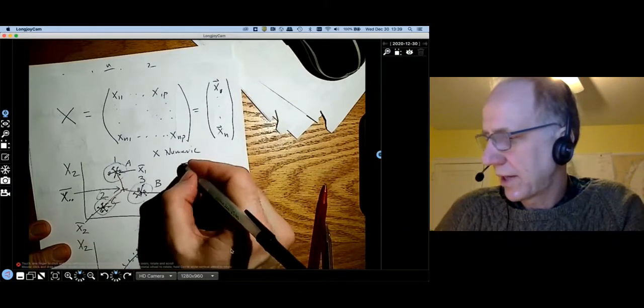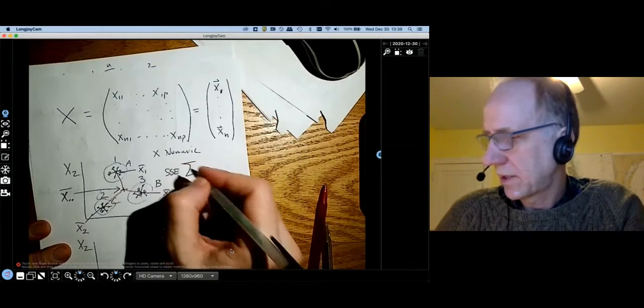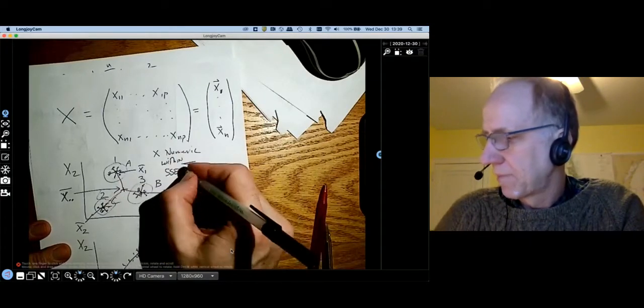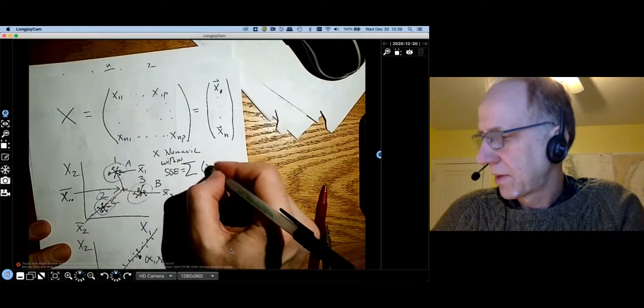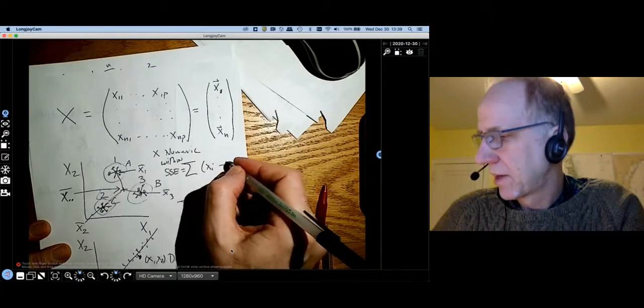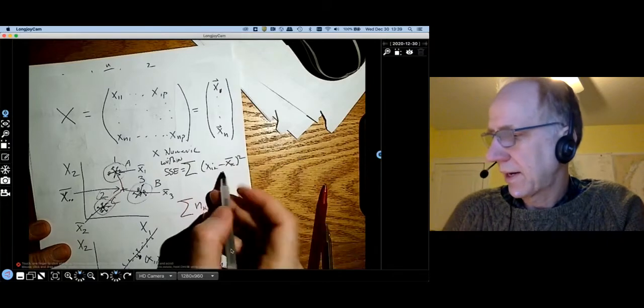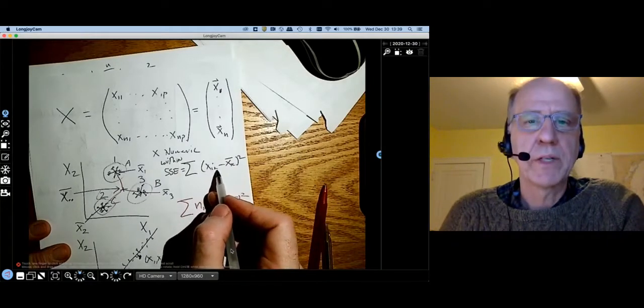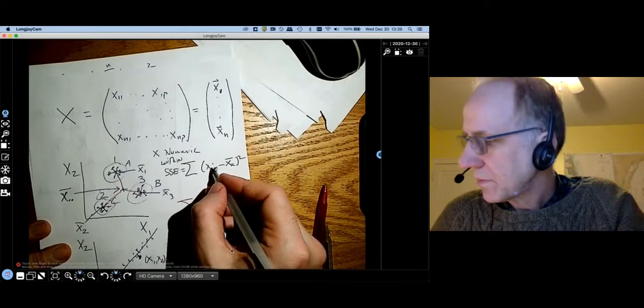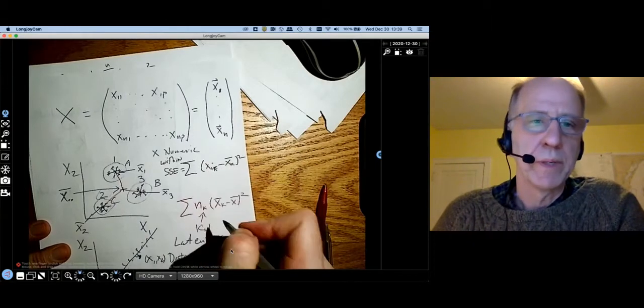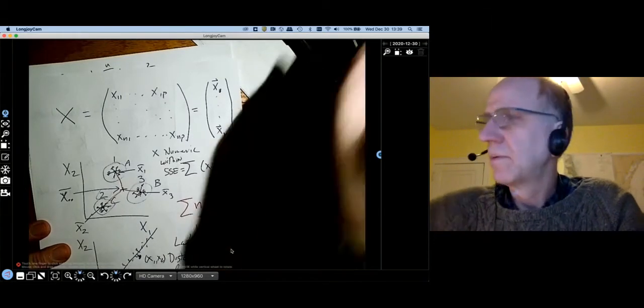So in one dimension, SSE, or the within, is going to be the sum of x i minus x bar k. So take an observation from group k and find out how far it is from that group mean. Finally, we'll use a pencil here.